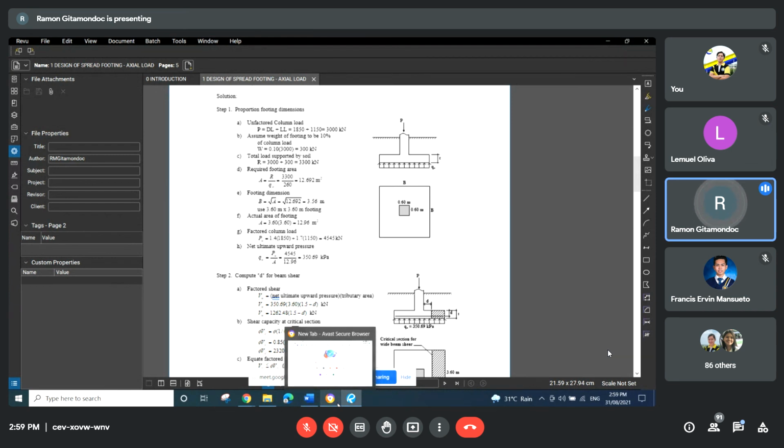If the building is placed on liquefiable soil during an earthquake, it will turn into a quicksand, no? So it does not have bearing strength, and the building will tilt or it could topple down, no? There are really actual cases like that, where the building does not just tilt but really topples, due to loss of bearing capacity at the foundation.